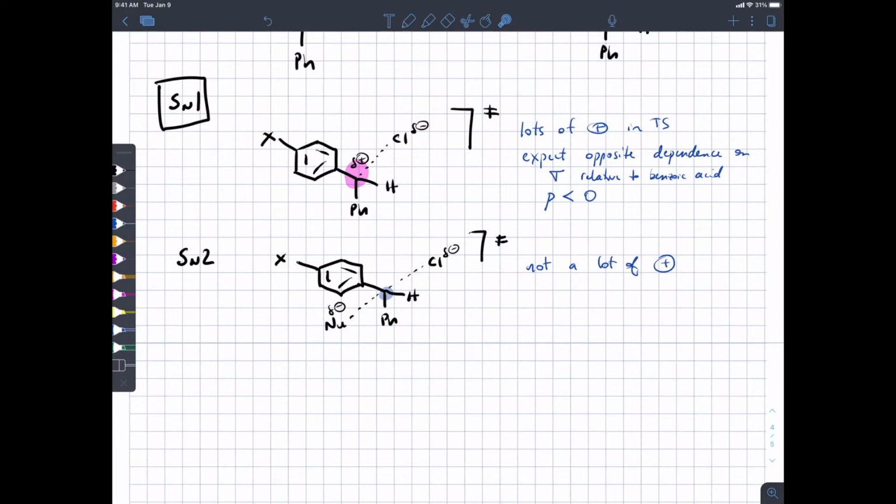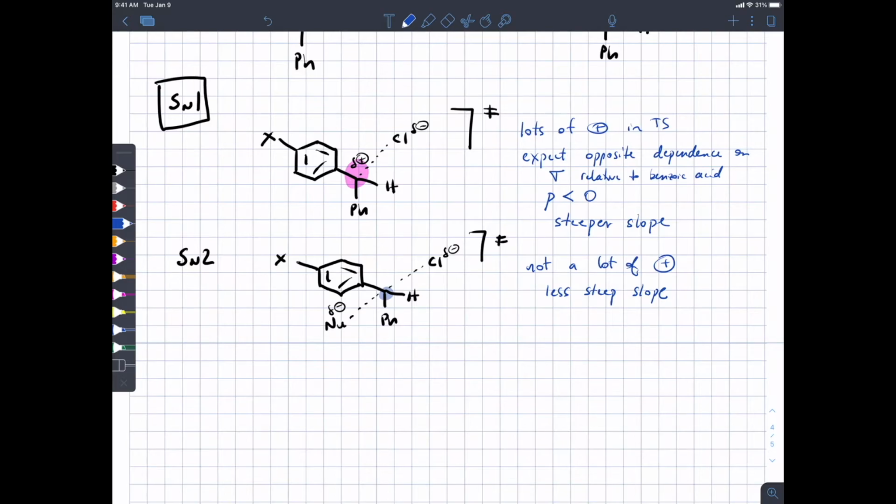SN1 should be more steep. Okay, good. Steep is a good word. Thank you, Heather. Steeper slope for SN1 versus less steep slope or shallower slope for the SN2 reaction.